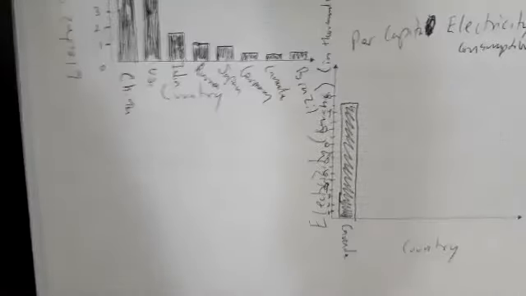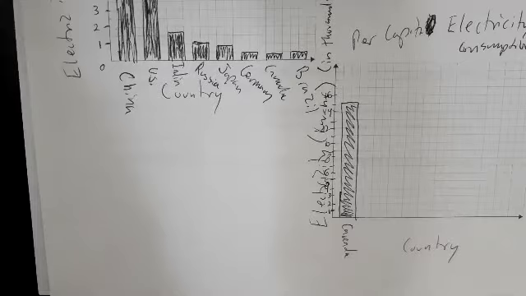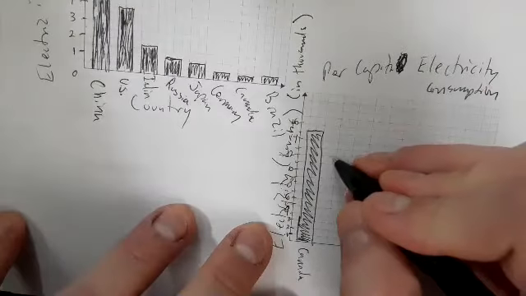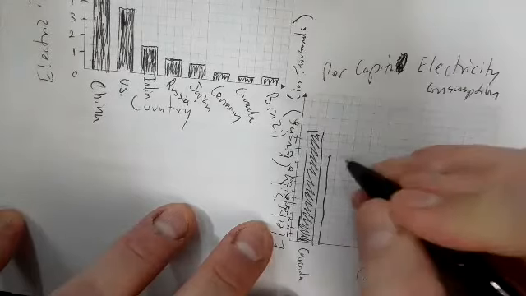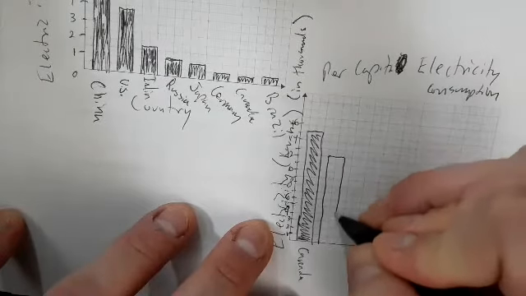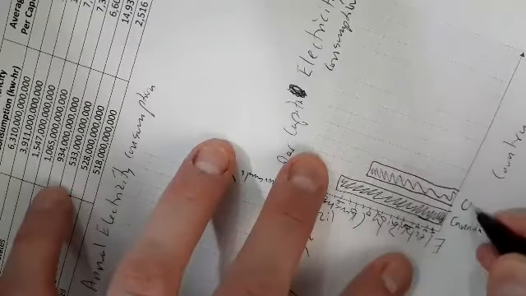So Canada is close to 15, right below it. The next one is the US, which is right at 12. Here at 12, I'm going to shade this thing in. Call this the United States.